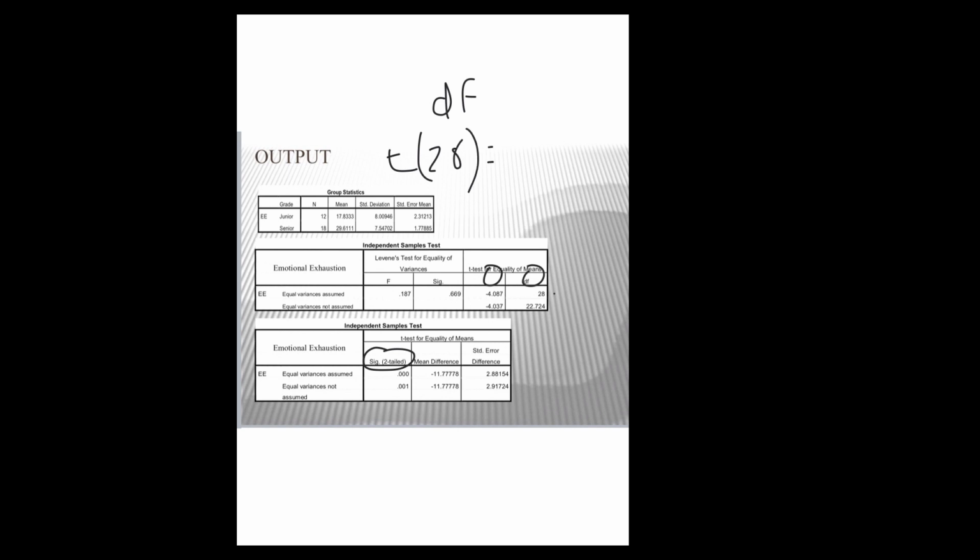Equals, there's a space on both sides, and then you're going to put the t value, which is right here. Okay, and that's negative 4.09. Comma, p is, because it's 0.000, less than 0.05. Okay, so now I'm going to go back.